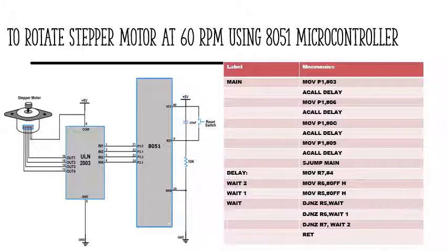Then you just send the excitation values through the ports, but keep in mind that you have to load the expected degree of rotation as a count value in that particular program. So it is left as a task to you. You write on your own the program for rotating the stepper motor for a desired angle.